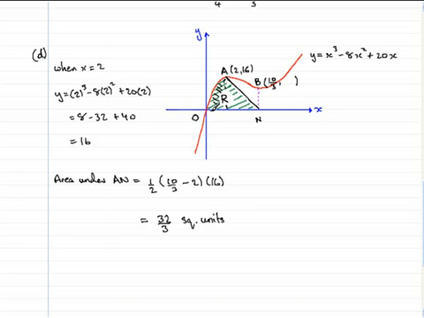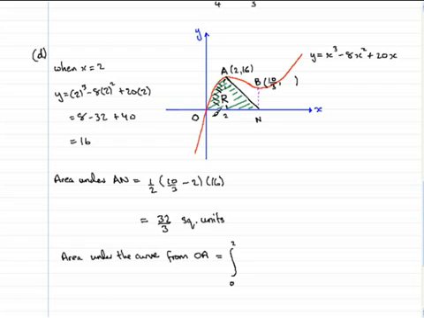Now the area under the curve between O and A and the x-axis, this piece that I've shaded here, or tried to shade in black, we're going to calculate now. So the area under the curve from O to A equals, and if we're finding an area, it's the integral of the curve from x equals 0 to x equals 2, because the x-coordinate here is 2.